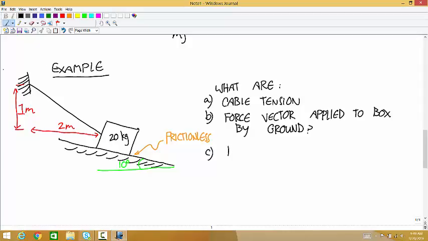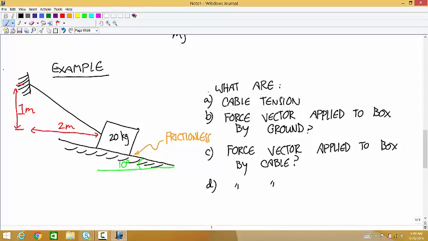And then C, let's calculate the force vector applied to the box by the cable. And then fourth, let's calculate the force vector applied to the wall by the cable.